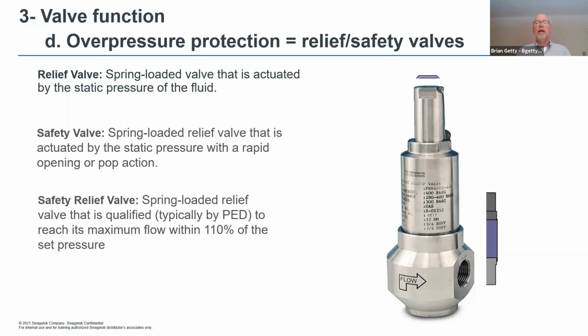But these are designed so that you've got a 10% range to play with, and once it's 10% over, it goes to 100% open to evacuate the pressure as quickly as possible. Again, it's to save the equipment, to protect the personnel, and to protect the plant.